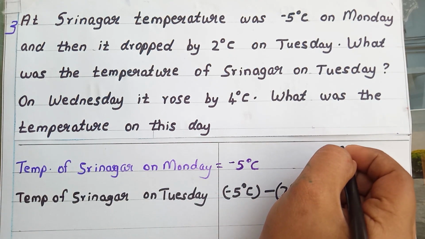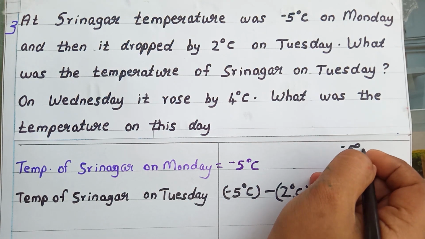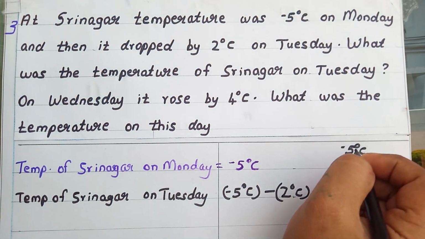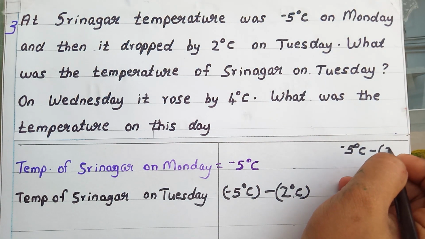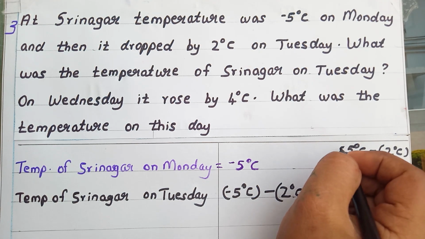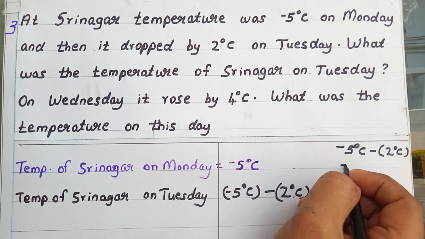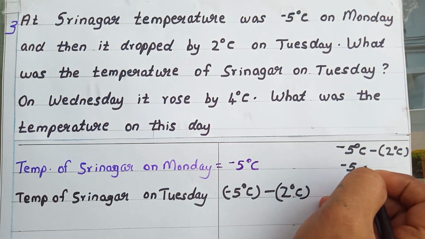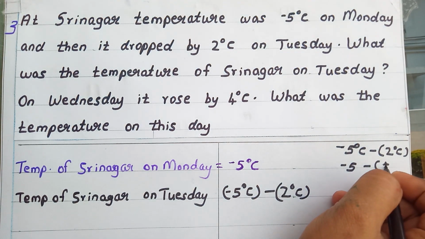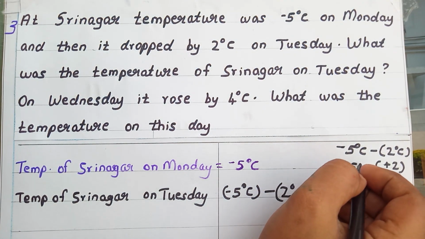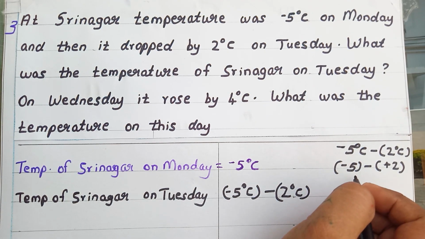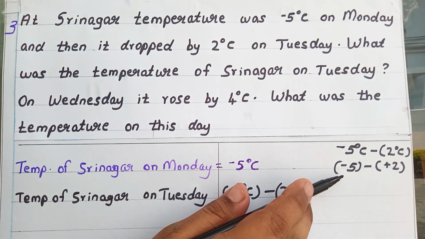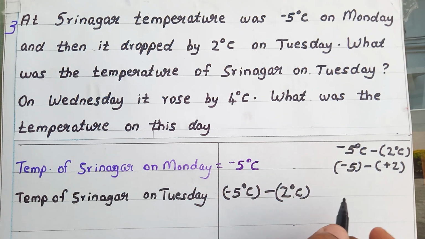See, -5 degrees Celsius minus 2 degrees Celsius. We should subtract both these numbers. So subtraction should be changed into addition.